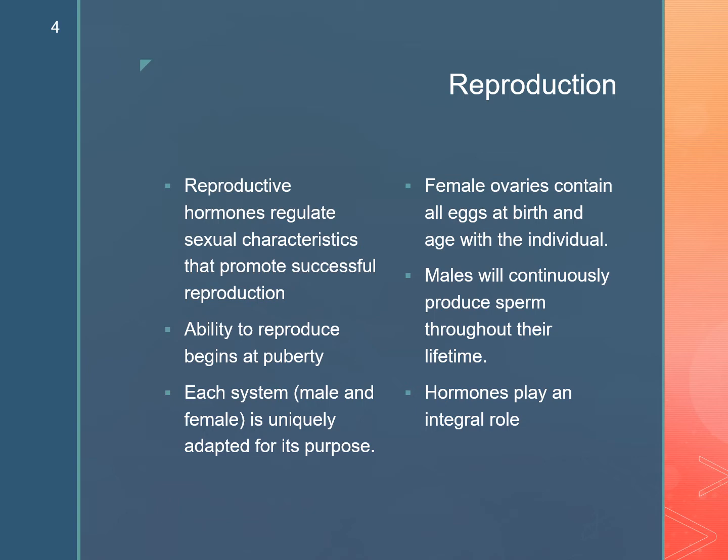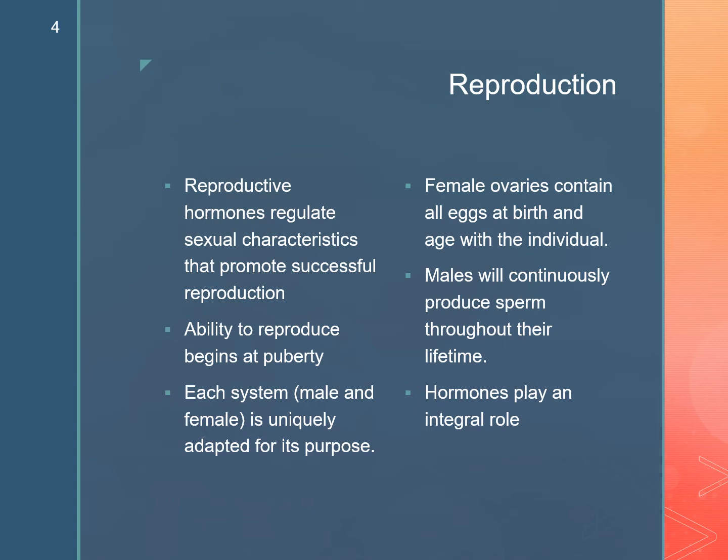And at the beginning of puberty, certain hormones are going to be ramping up in the male body, like testosterone, and in the female body, estrogen, progesterone, luteinizing hormone, follicle stimulating hormone. All of these hormones are going to initiate changes in the body and get us ready for that reproductive cycle.